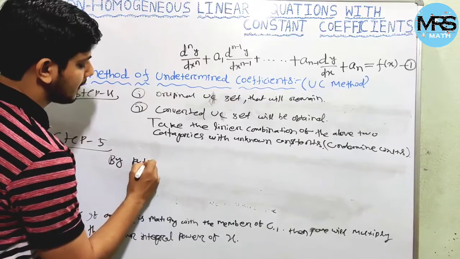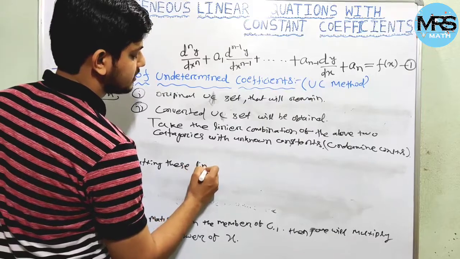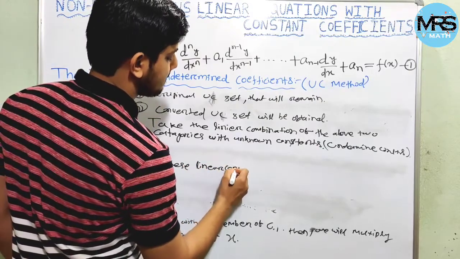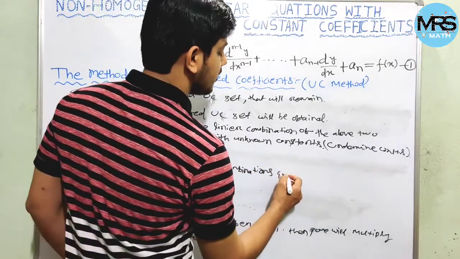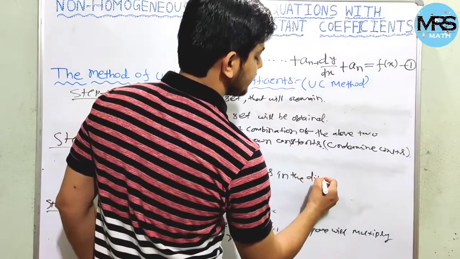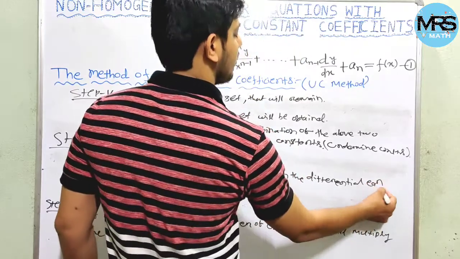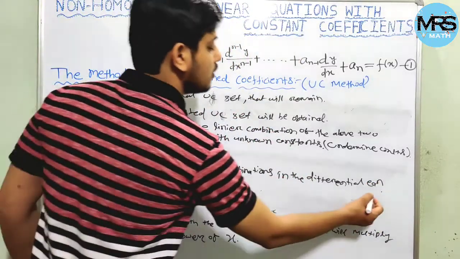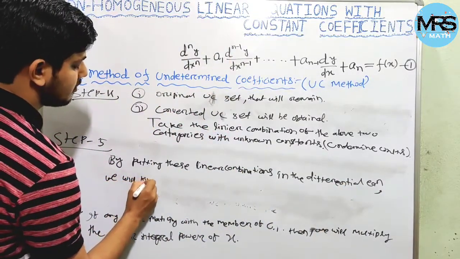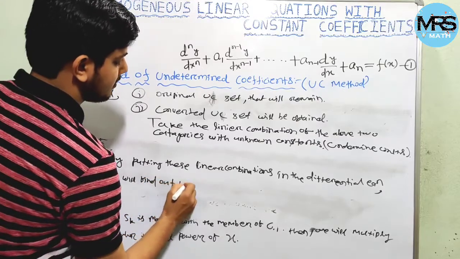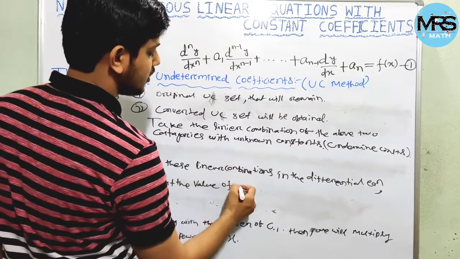By putting these linear combinations in the differential equation, we will find the values of these unknown constants.